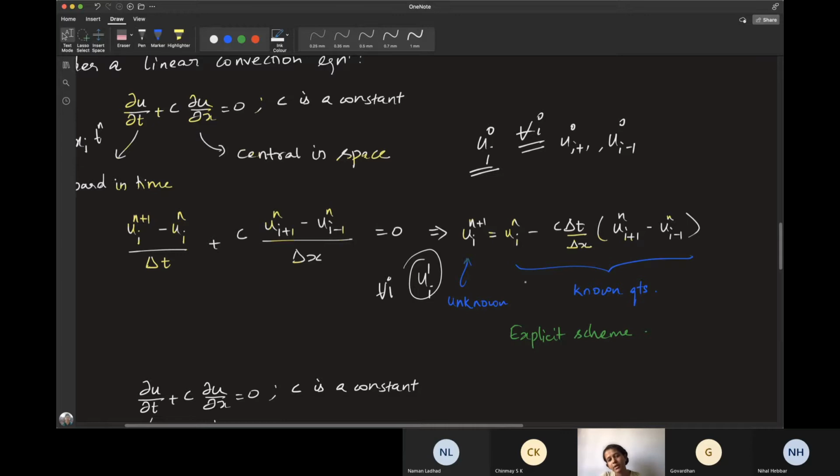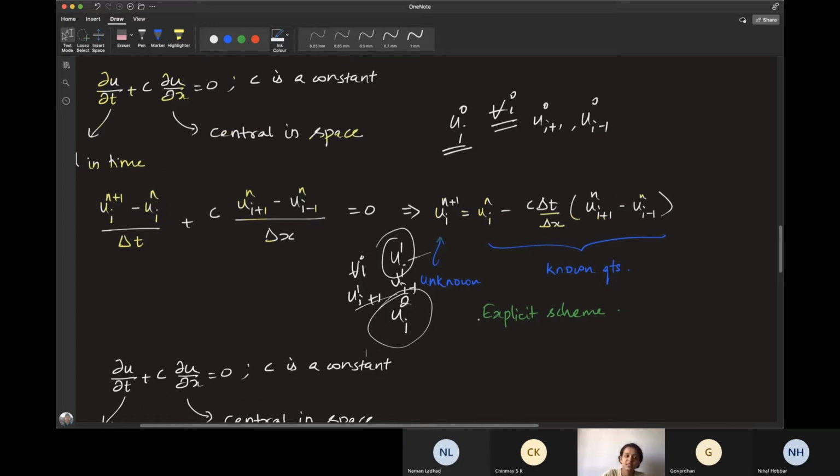So similarly, you can find the value for ui at every other time step. Using ui1, you can find the value at ui2. It is not just ui1, you will require ui plus 1 and ui minus 1 as well. So if you are able to find the values at time step 1, then you can find the values at time step 2. Likewise, you can go on for all time steps.